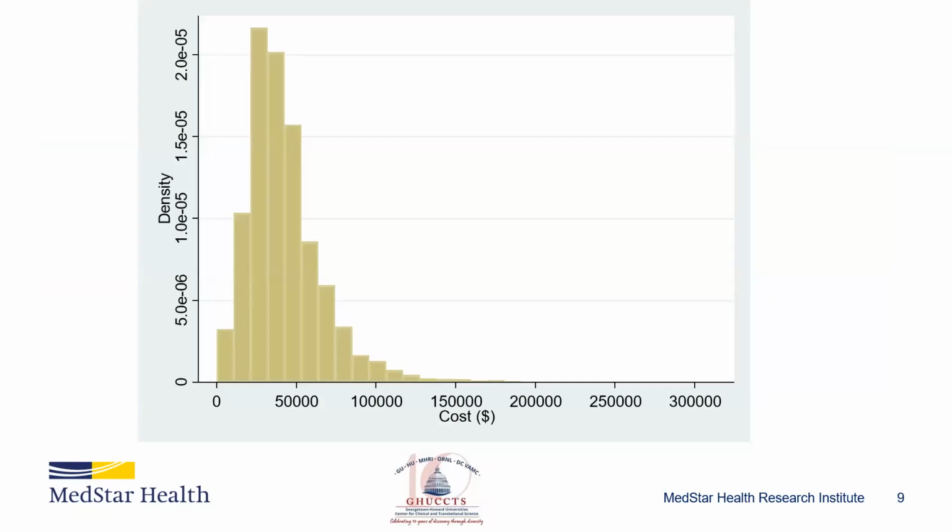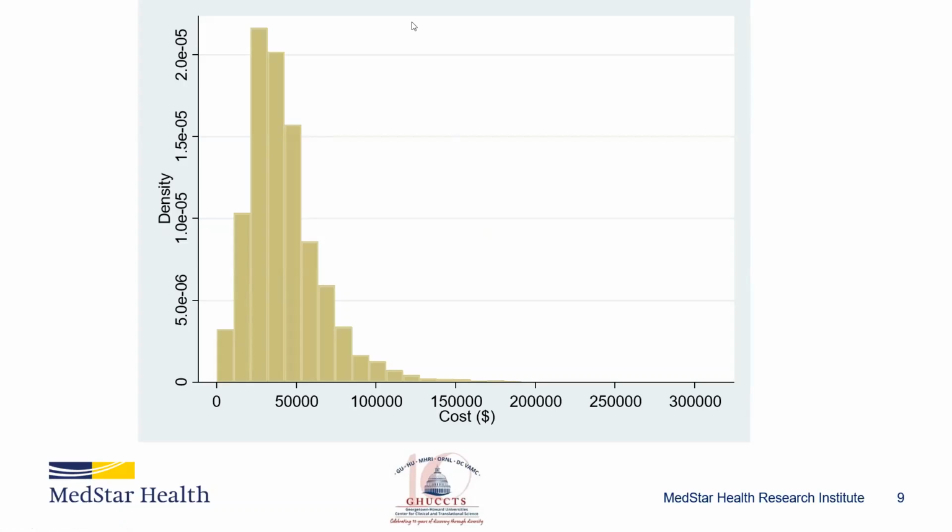This occurs because you have most of the cost in a particular range down here, but with any procedure or subsequent hospitalizations, complications, whatever, there are extreme costs, which then gives us this long tail in the distribution. So we model this as a gamma distribution.